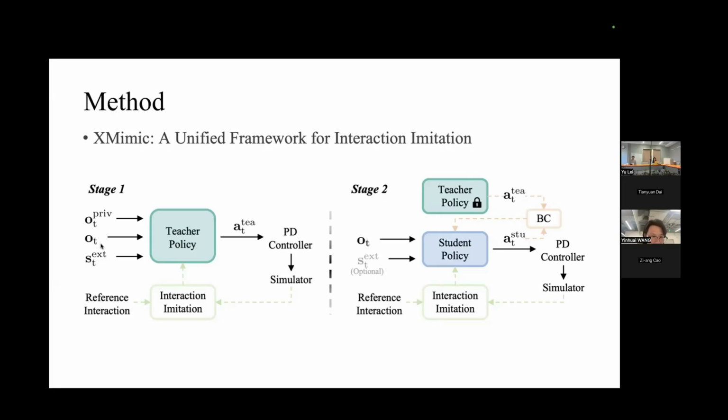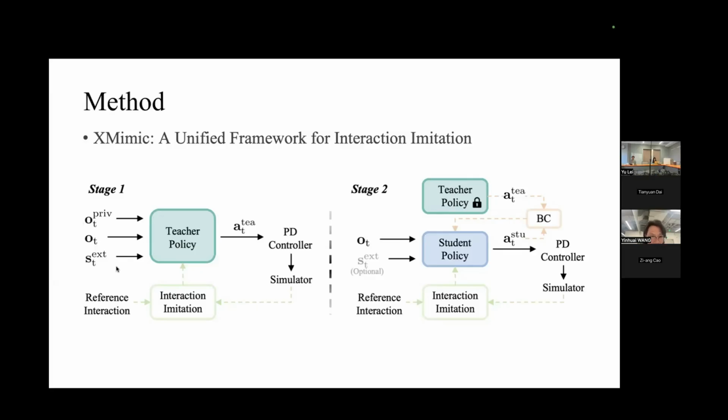The OT denotes the proprioception, and the ST denotes external perception, such as the object perception.